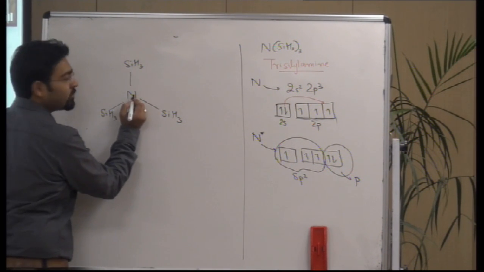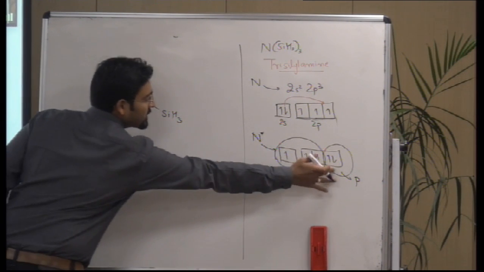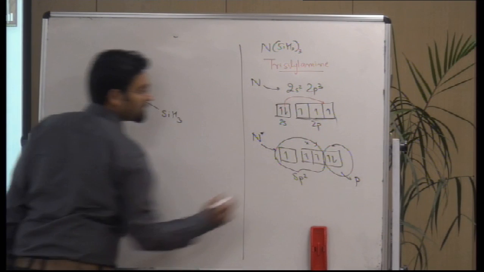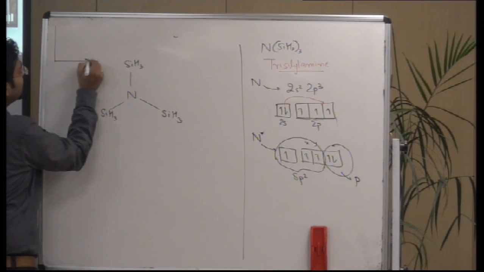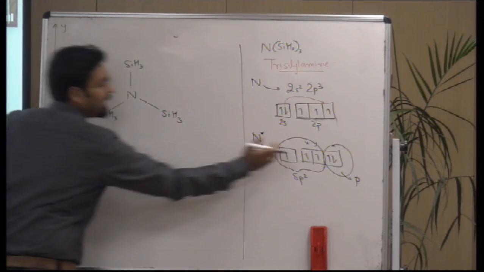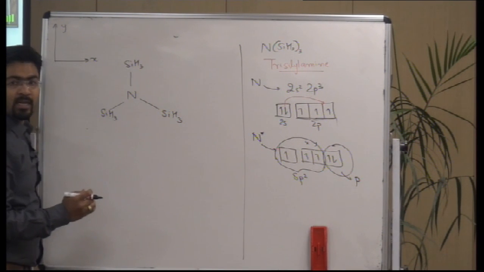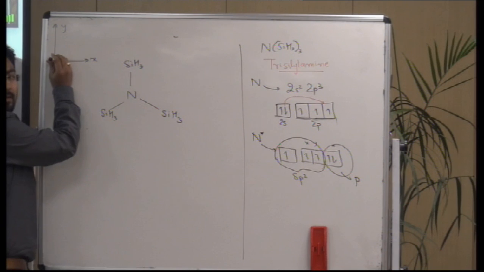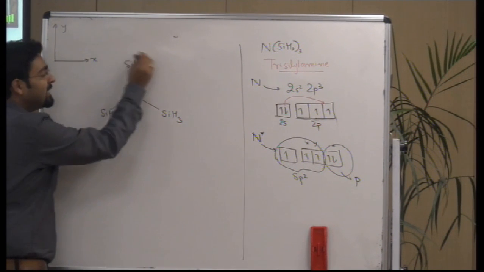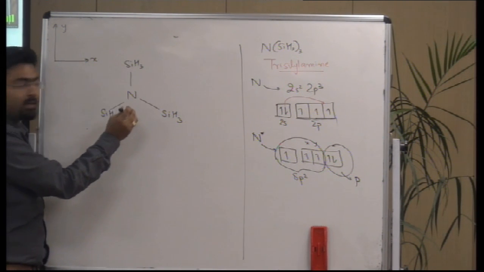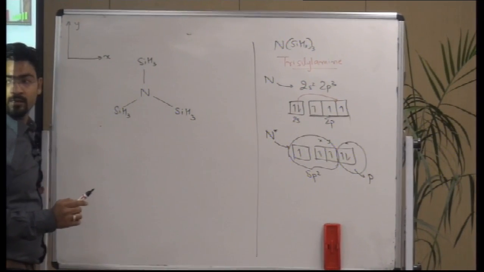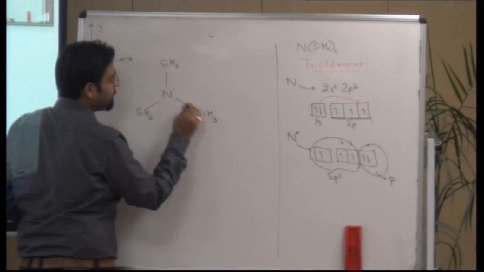Now this nitrogen has a lone pair on it, which is in the p orbital. So for example, if this is x and y and this is z, and the plane of the board is the xy plane, then when x and y are utilized in sp2 hybridization, z is left, which will be perpendicular to the plane, right? So these 3 hybrid orbitals will be in the xy plane, and pz will contain a lone pair and will be present on the z axis.